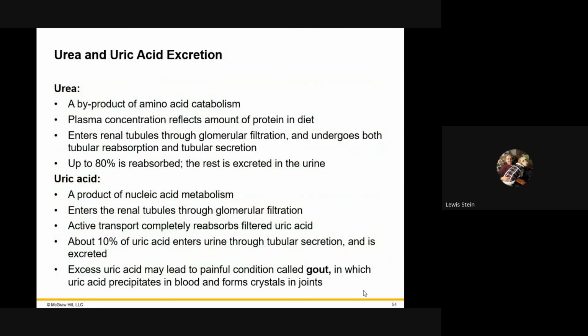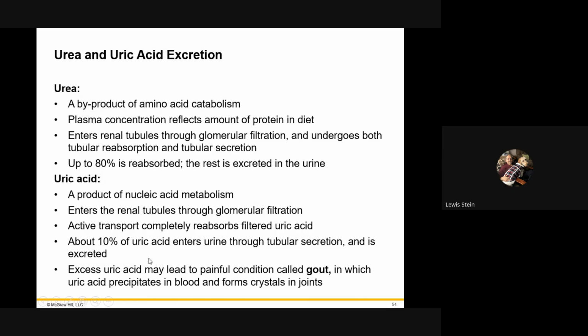Okay. These are the nitrogenous wastes that are so important. Interestingly, we even reabsorb some urea to create concentration gradients, even though we'll push it out later. The body does this in a lot of different areas. It's kind of how the proton motive force works. Uric acid comes from nucleic acid metabolism.